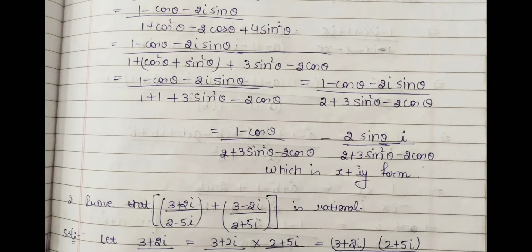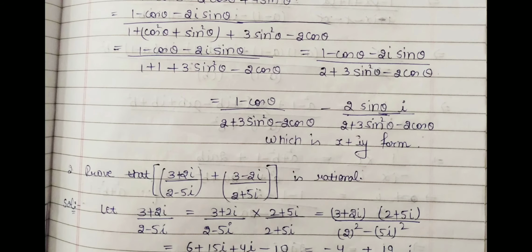And we already know cos square theta plus sin square theta is equal to 1. So we put the value of this, and we get 1 minus cos theta minus 2 iota sin theta upon 2 plus 3 sin square theta minus 2 cos theta.